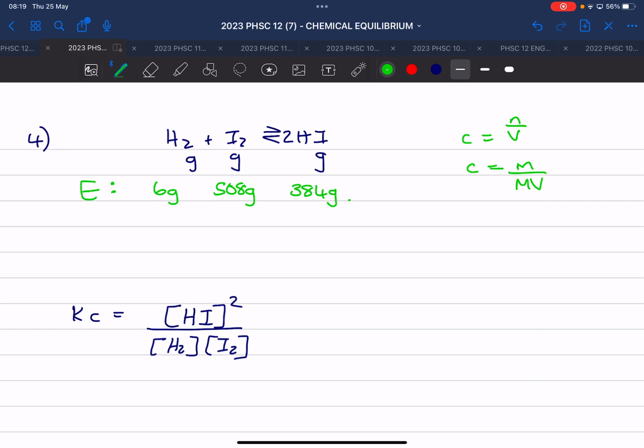So then for this one I will have 6 over, what's the molar mass of hydrogen, Mosi? 2, well it's 1, but there's 2 hydrogens, so it's 2. And the volume they give us there is 2 cubic decimeters. Okay, this one will be 508. Liaku, what is the molar mass of iodine?